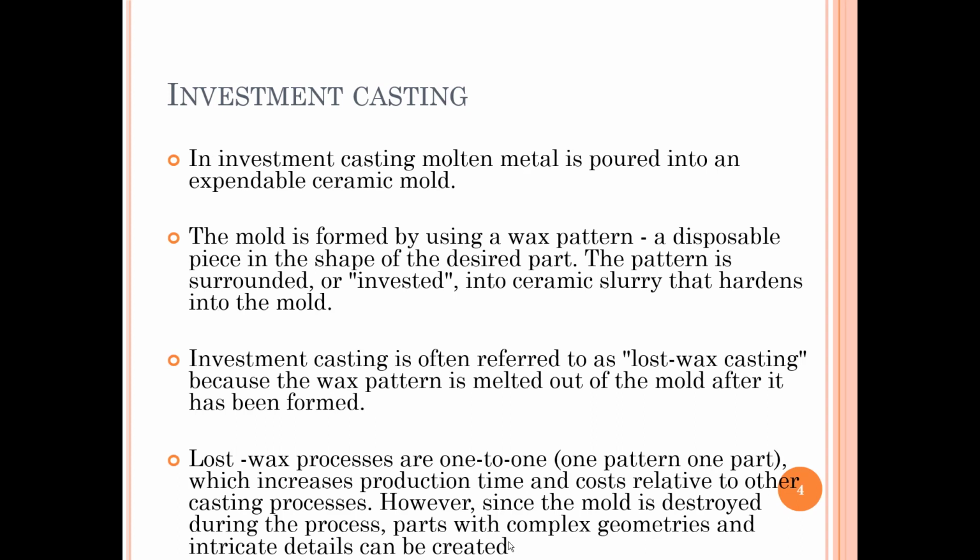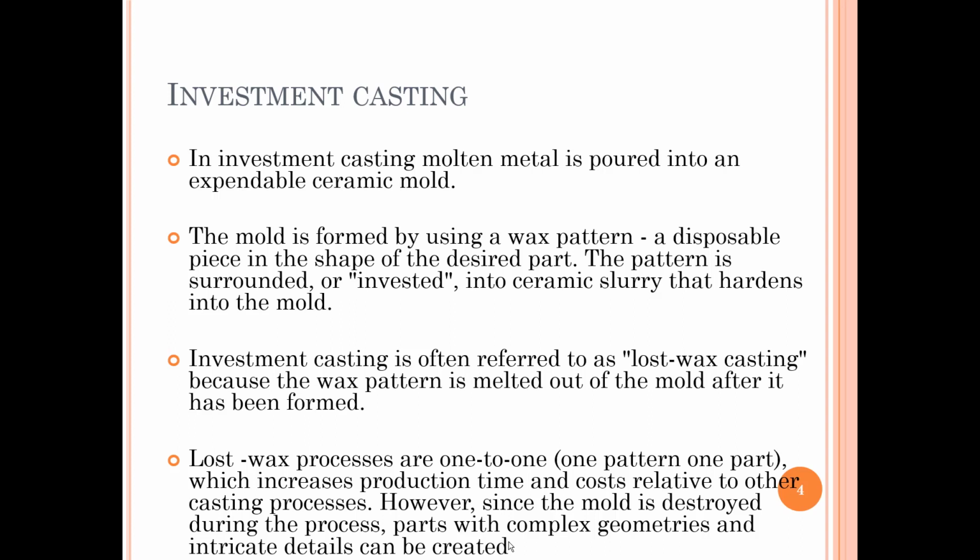In investment casting, molten metal is poured into an expendable ceramic mold. The mold is formed by using a wax pattern, a disposable piece in the shape of the desired part. The pattern surrounds are invested into ceramic slurry that hardens into the mold.